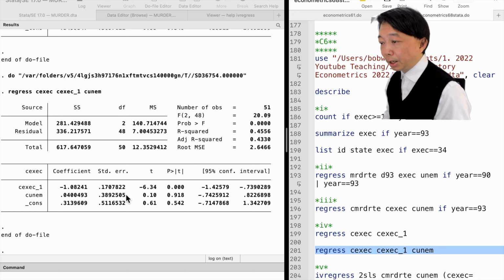It is the first stage in the two-stage least squares. It does not change the conclusion that the changes in executions are correlated. The estimate is minus 1.1. It implies that the number of last period's executions is negatively associated with the number of current executions.